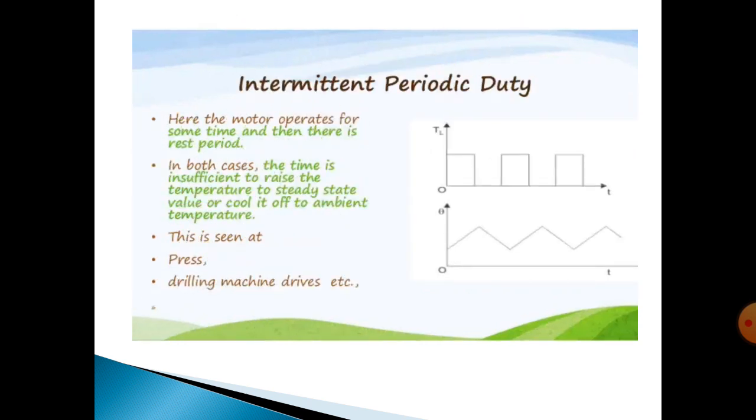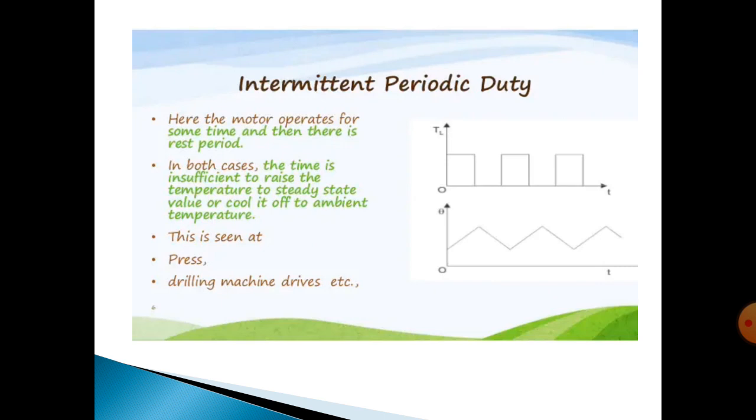The next one is intermittent periodic duty. This is the main thing. We consider the operation of intermittent periodic duty, where each running time of the electrical motor is followed by a rest period. In these cases, the time is insufficient to raise the temperature to the steady state value or cool it off to ambient temperature.